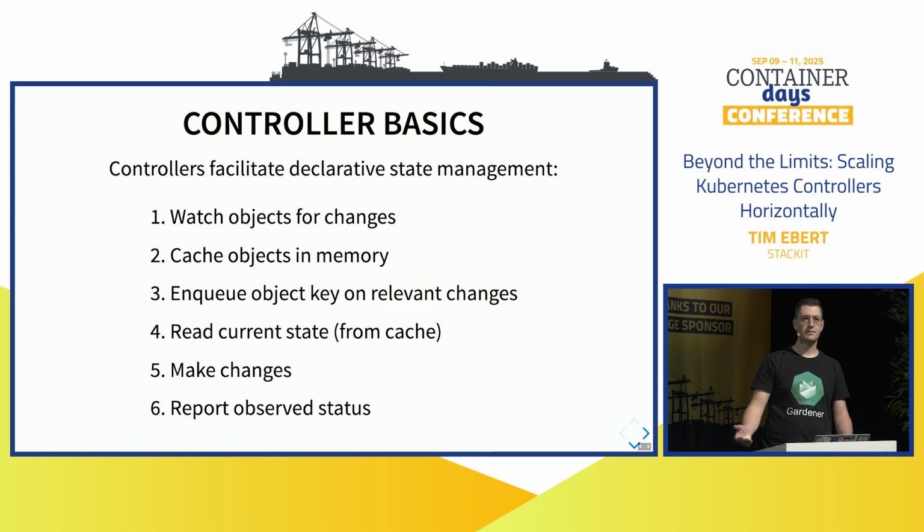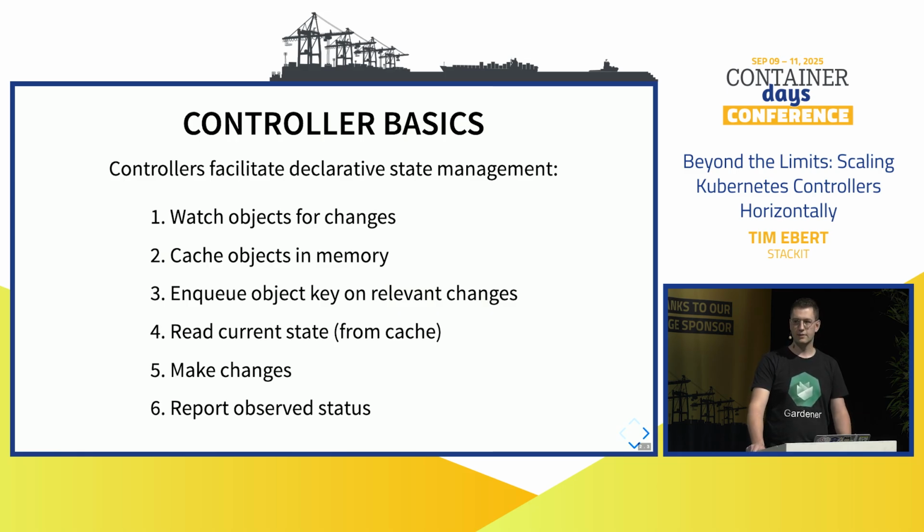If it receives a watch event from the API server, it stores the current state of the object in memory. If there were any relevant changes, like a spec change, it will enqueue the object so that it is reconciled. During this, it first reads the current state from the memory cache, ideally, so that we don't put as much load on the API server.